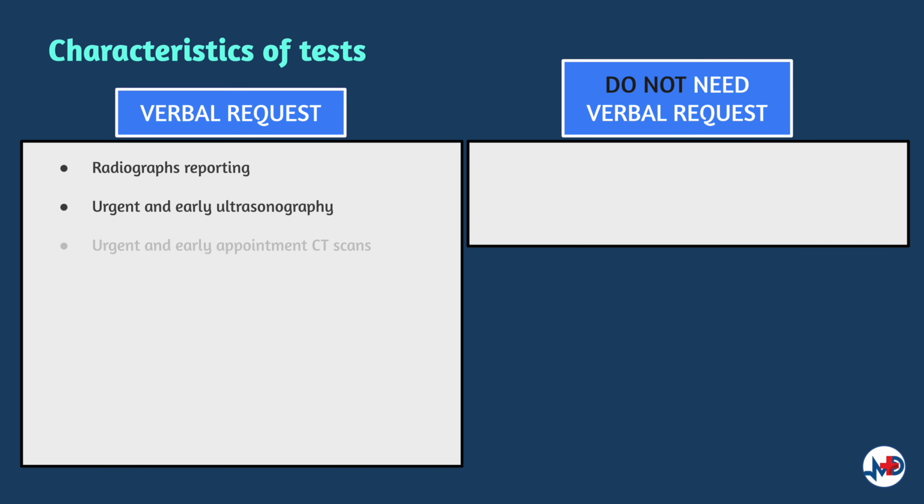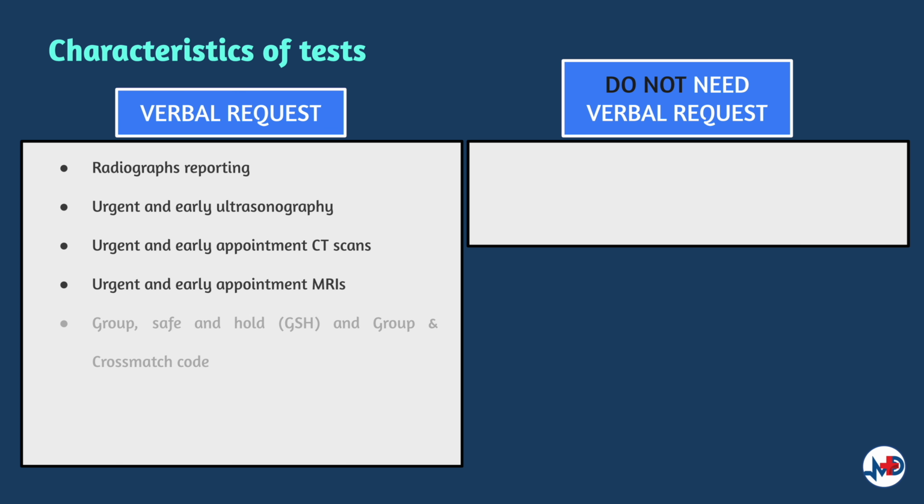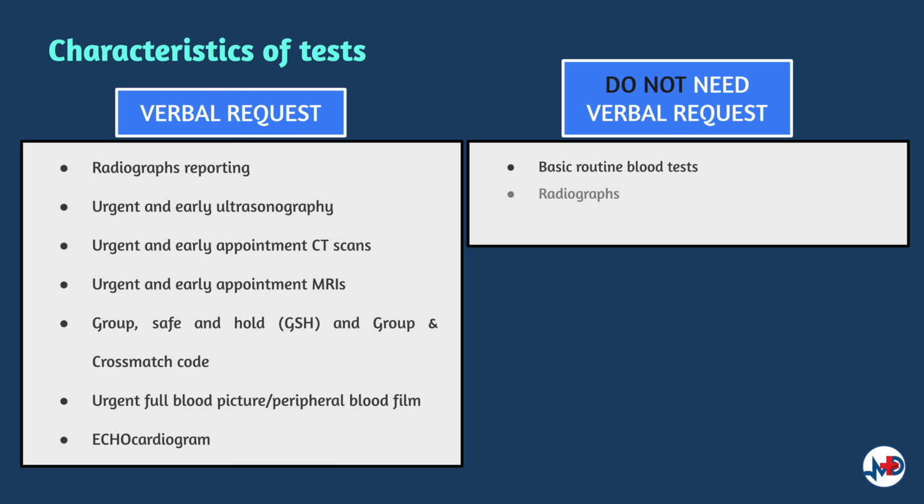Let's look at these two separate types of tests. So the tests on your left are tests that can be requested verbally, and the tests on your right do not need verbal request.